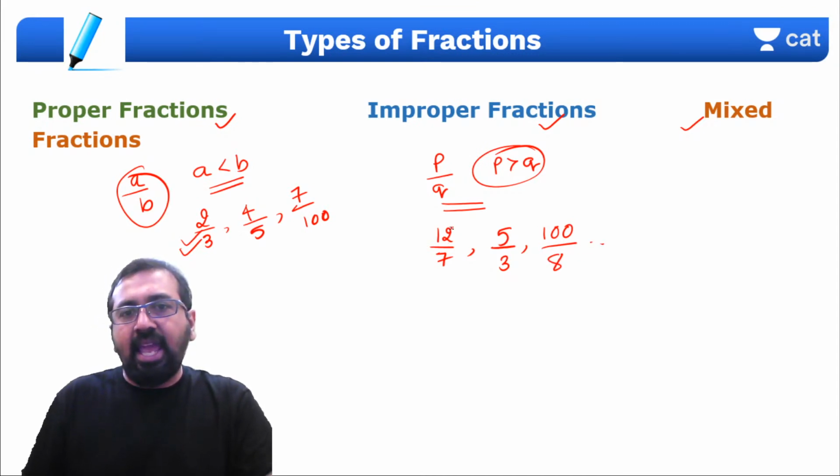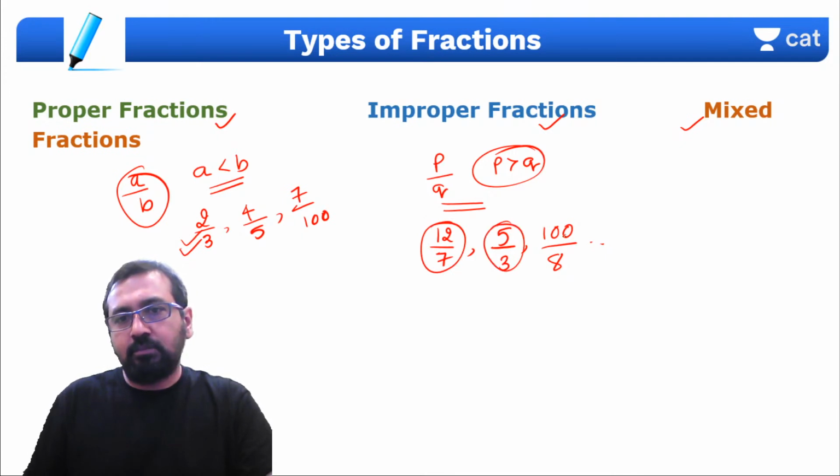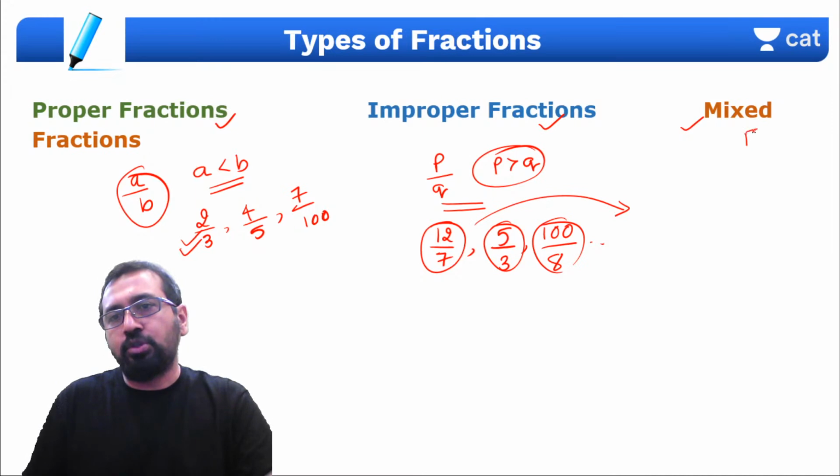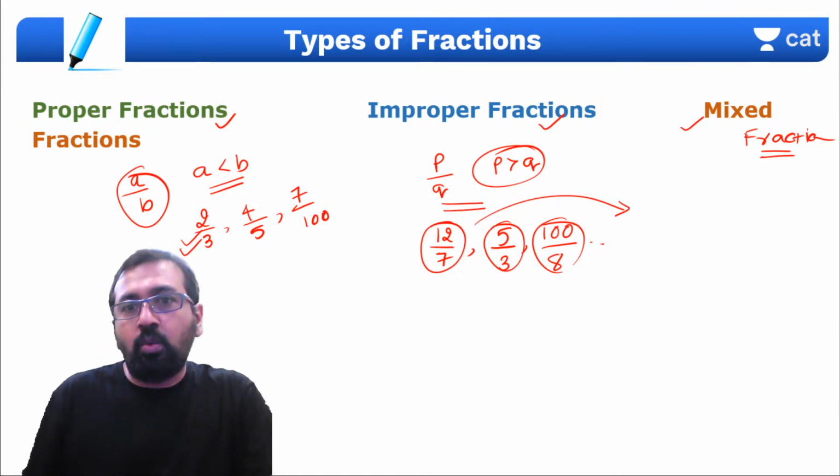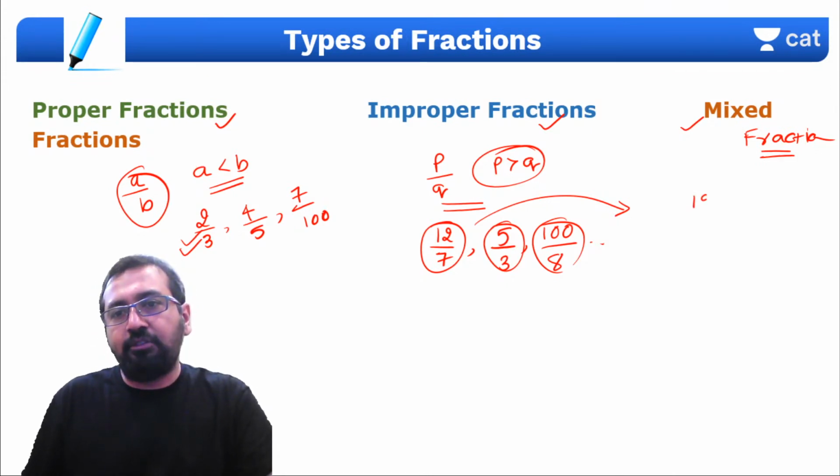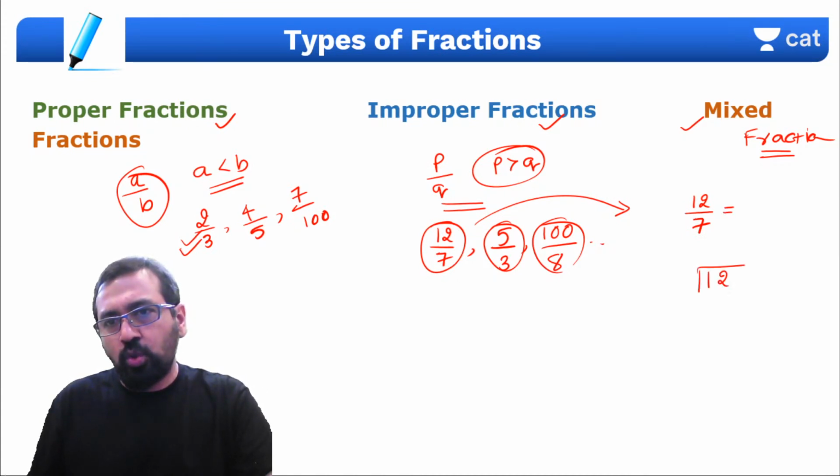Now if I take any improper fraction, okay, I can always convert it into the mixed fraction form. So this is the third variety, which is mixed fraction. Okay, so let's quickly understand what is a mixed fraction. So if I take a fraction 12 by 7, now let's understand that division that we used to do during school.